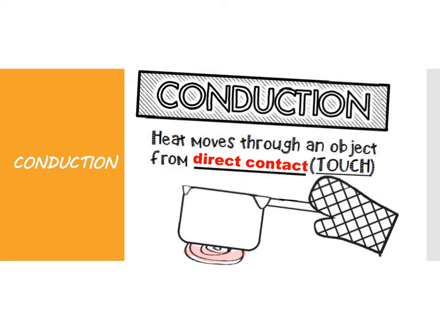The pot itself is physically touching the burner, and so the pot gets hot. The hotter the pot gets, the handle, if you've got a metal handle, gets hot as well, and that's why we use oven mitts to pick up pots and pans and cookie sheets from the stove and the oven. Anytime you touch something and it feels hot, that's conduction.